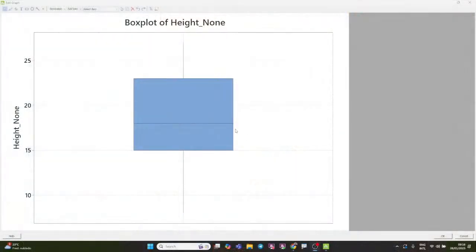A second tip before I start dissecting BoxPlot: the more symmetric your BoxPlot is, and what do I mean by symmetric?